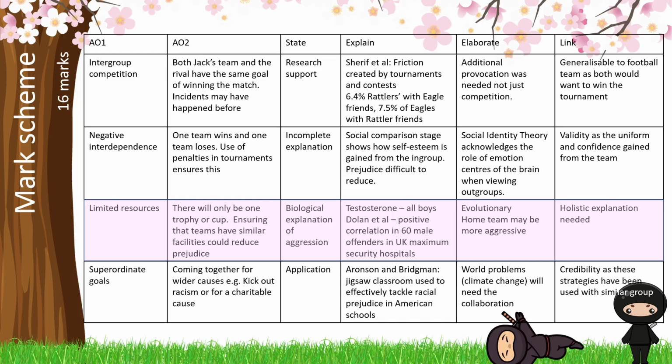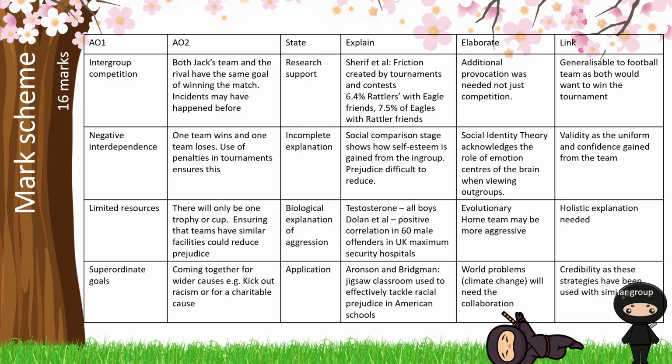You could go for different things here in terms of your different explanations. So you could be talking about social learning theory, that they've learnt this from watching the interaction of other football teams. You can think about great rivalries, maybe Manchester United versus Man City, or a local team that you know has a great rivalry around it.